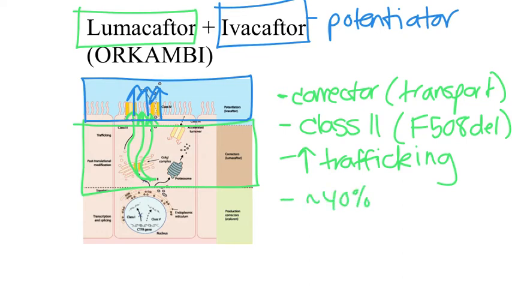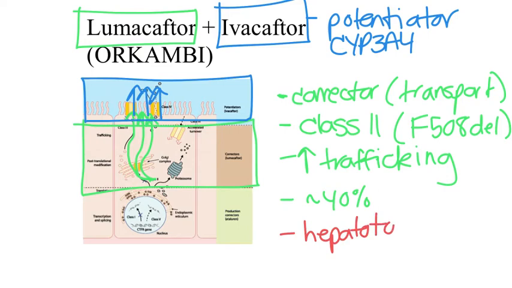Of note, ivacaftor is metabolized by CYP3A4, as we discussed previously, and also can lead to some hepatotoxicity. Lumacaftor, on the other hand, is not extensively metabolized and primarily undergoes second phase metabolism like glucuronidation.